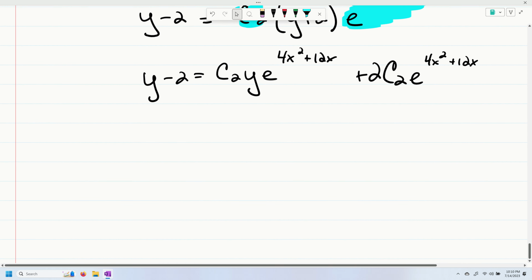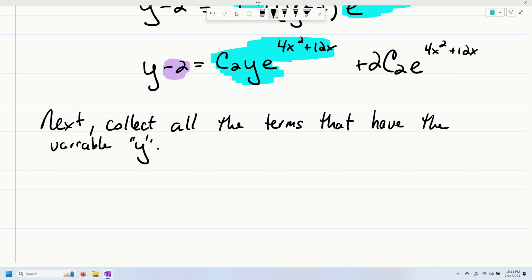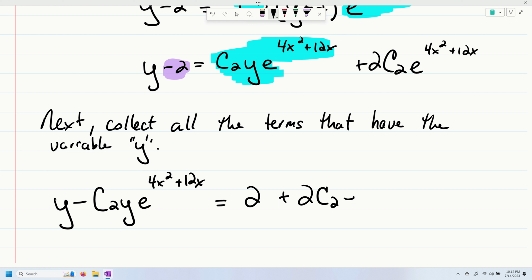I'm going to get all the y's on one side, everything else on the opposite side. This term right here contains a y in it. This term right here does not have a y in it. Therefore, I'm just going to move them to opposite sides. So I get y minus c2 times y e to the 4x squared plus 12x equals positive 2 plus 2 c2 e to the 4x squared plus 12x.